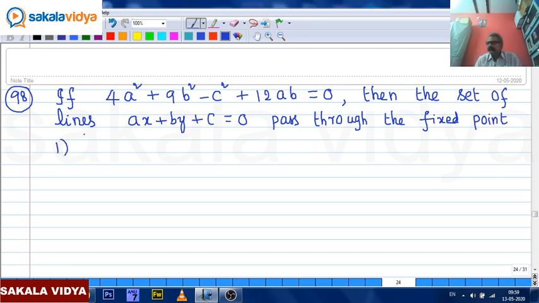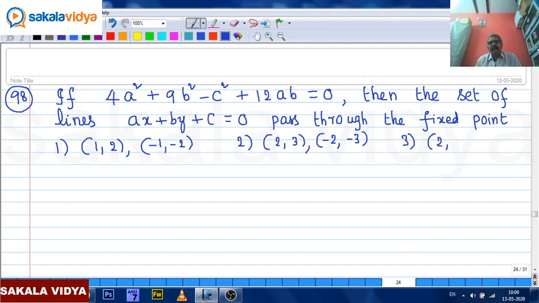First option 1 comma 2, minus 1 comma minus 2. Second option 2 comma 3, minus 2 comma minus 3. Third option 2 comma minus 3, minus 2 comma 3. Fourth option 1 comma minus 2 and minus 1 comma 2.